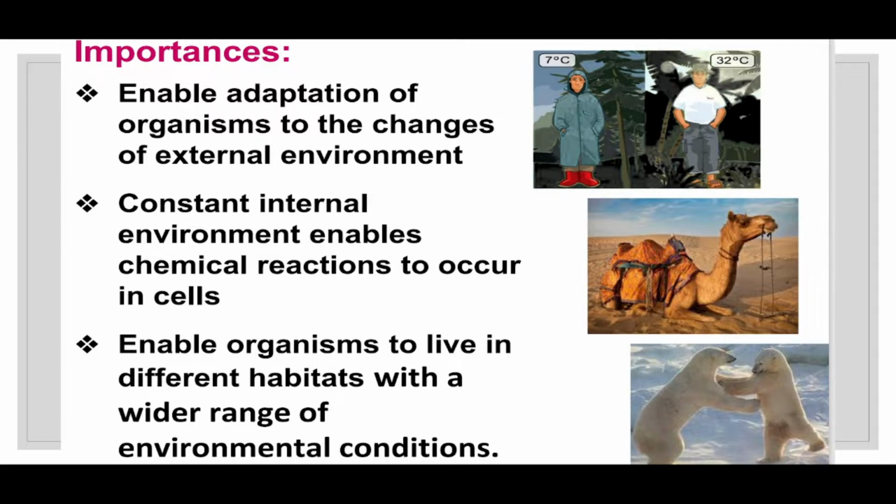Number 2, a constant internal environment enables chemical reactions to occur in the cells and enables organisms to live in different habitats, with a wider range of environments.